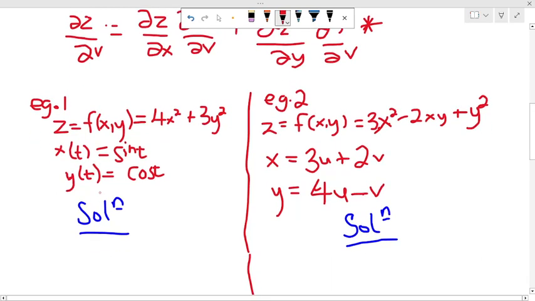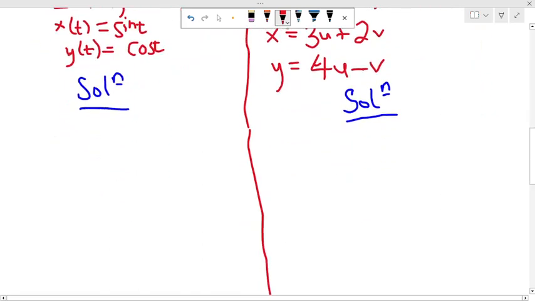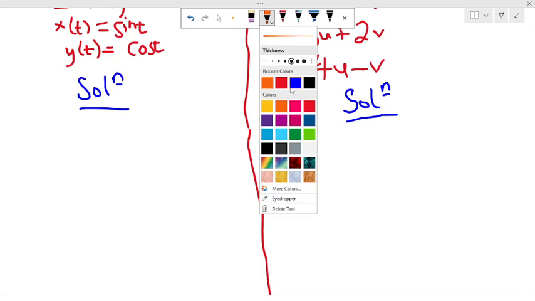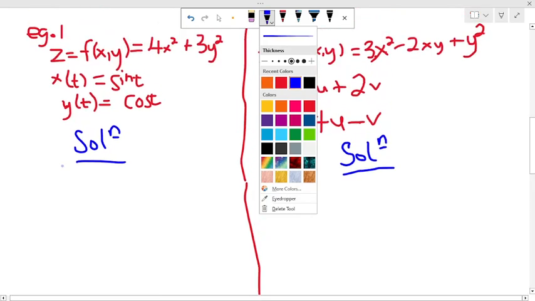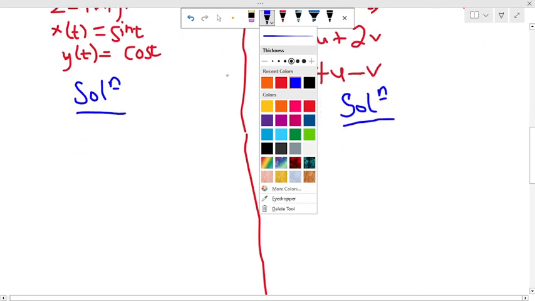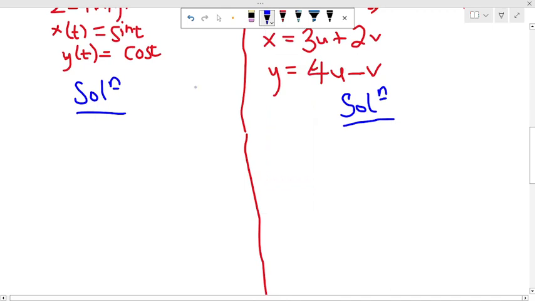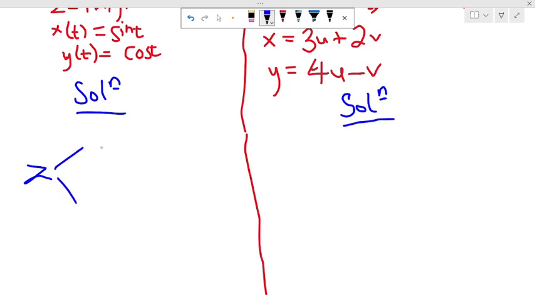So now we can draw a tree diagram for our question. So now with our question we have z, and that z is dependent on x and y.